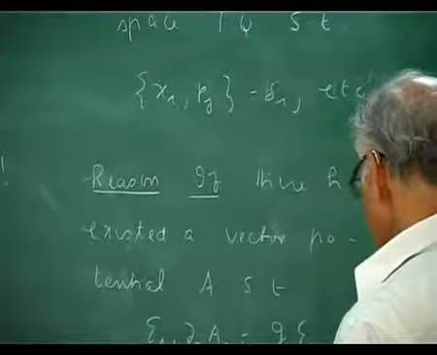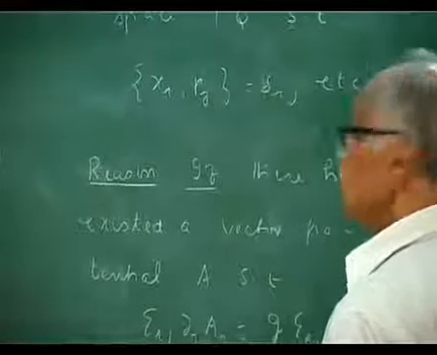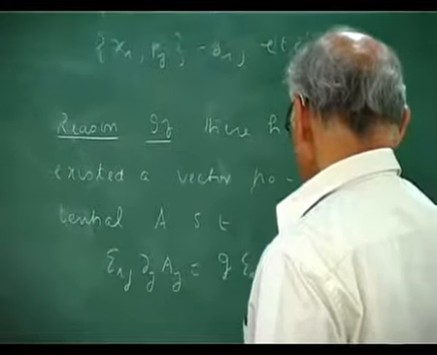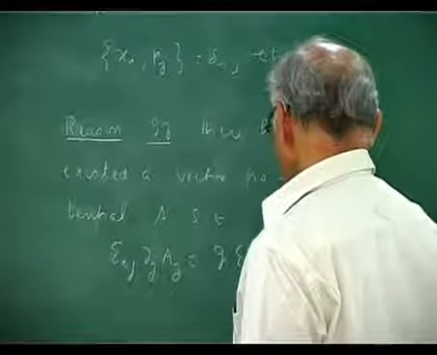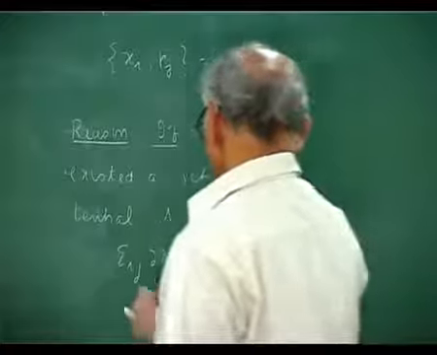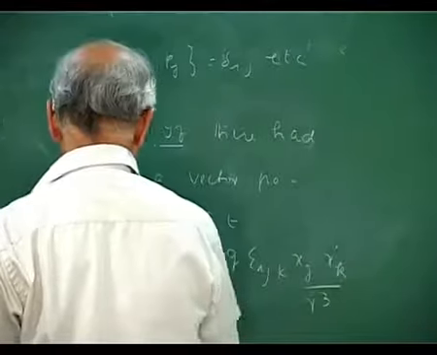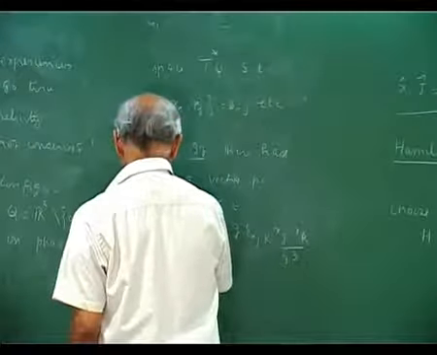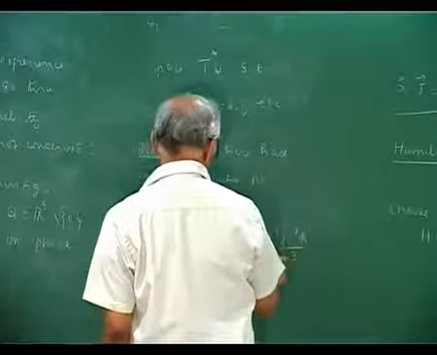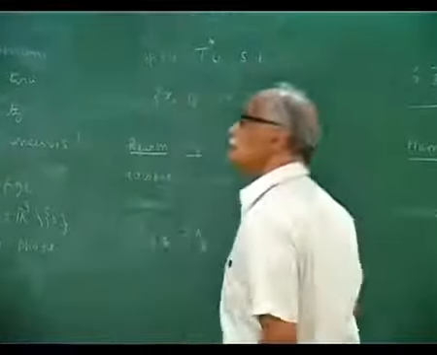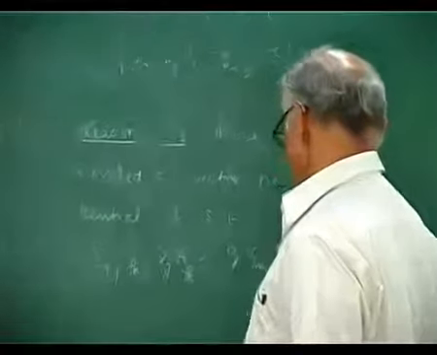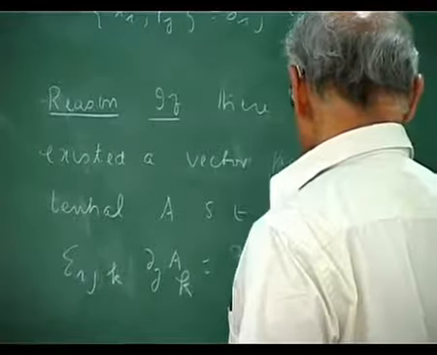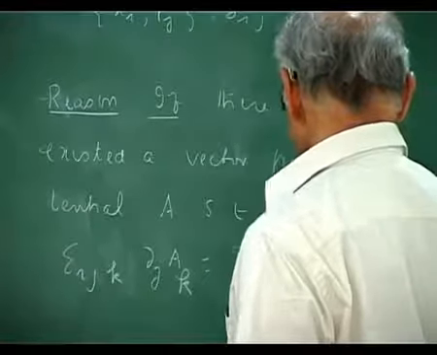Is the dimension correct? Magnetic field is 1 over R squared, no? I am not writing it correctly. The magnetic field is curl, it should be xk, magnetic field is this, sorry.